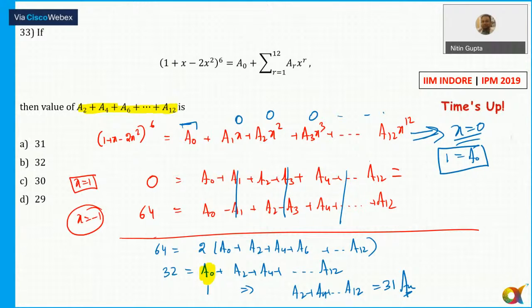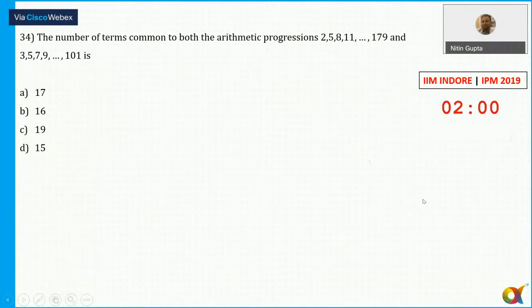Okay, so let's move to question number 34. Try this. Typical CAT type of question. Several occasions they have asked such type of question. So please try this.